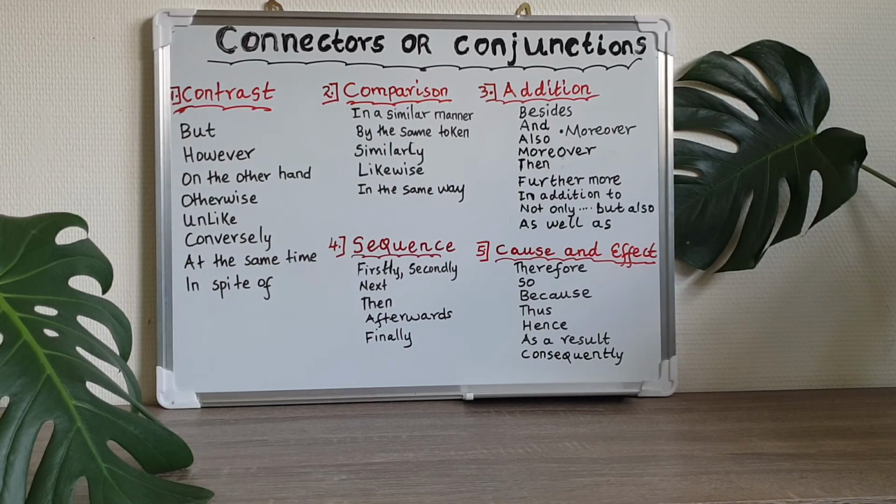And when you're writing, okay, it is extremely important that you introduce your paragraphs by using connectors of sequence, okay? Like for example, firstly, they did a research to find out the causes of brain cancer.